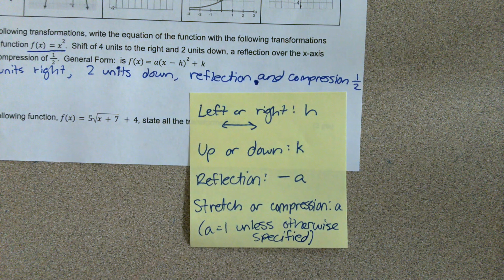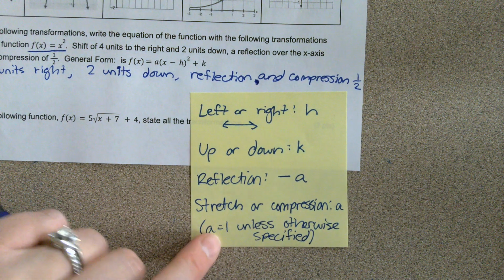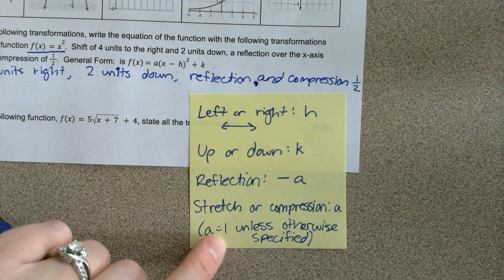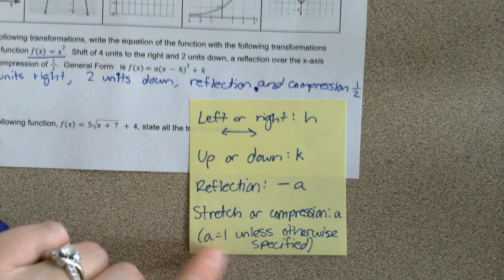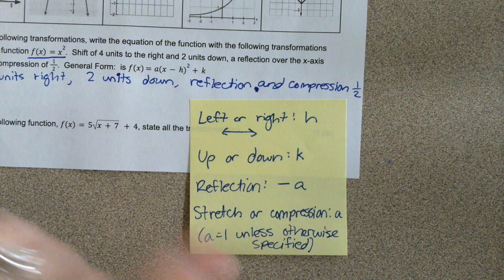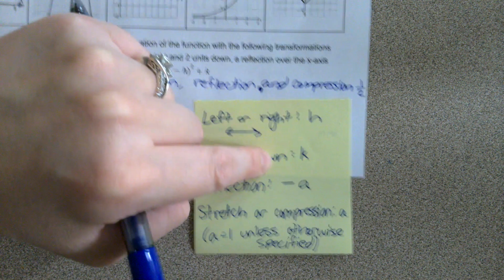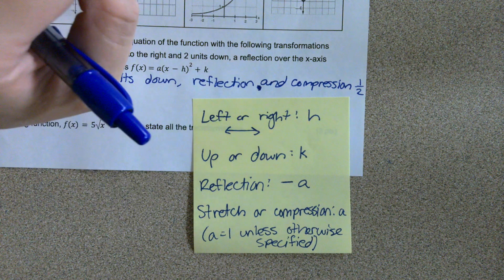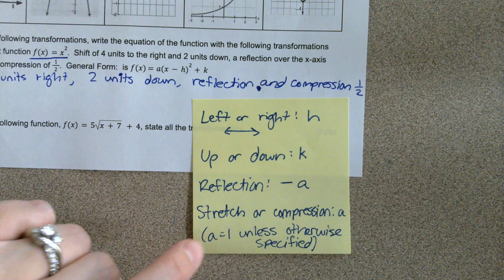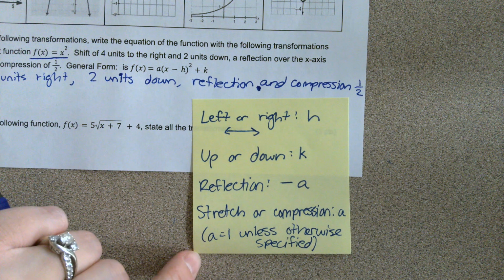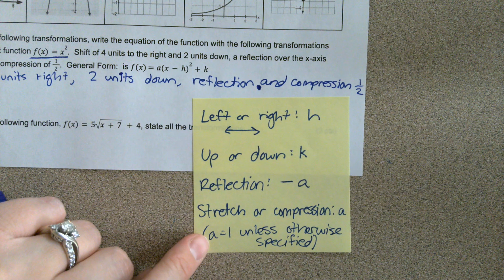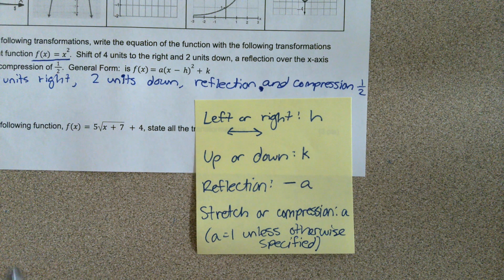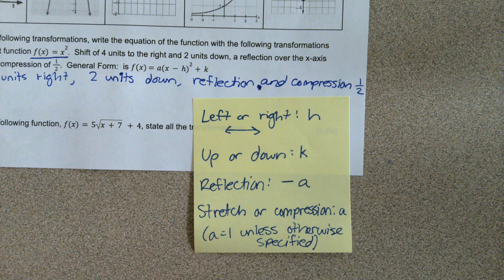So what I mean, if you don't have a stretch or compression, then A is just 1. You don't have to write a number there. We just assume it's 1. A is never 0. So if we don't have an H or a K, I told you guys in class, then you can treat them as 0. You cannot do that with A. A is 1. If you put 0 in for A, it's going to have major consequences for the equation, whether you realize it or not. So these are kind of the directions you want to keep in mind as we're doing these problems.